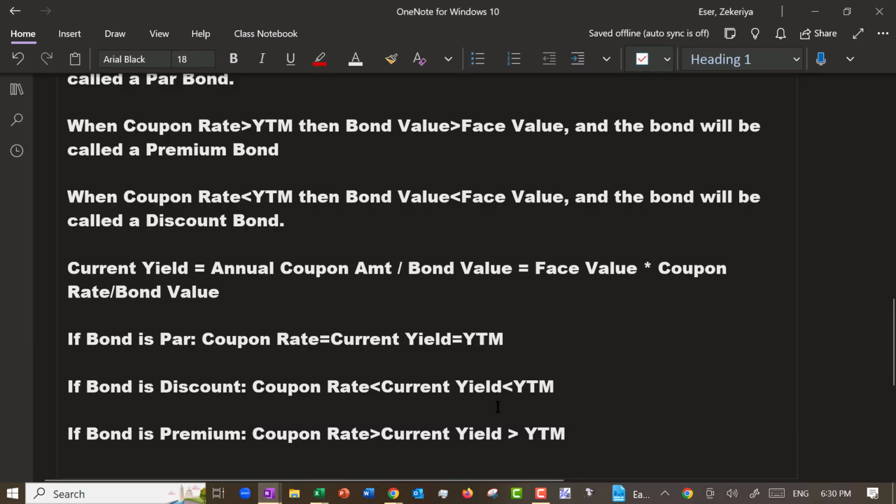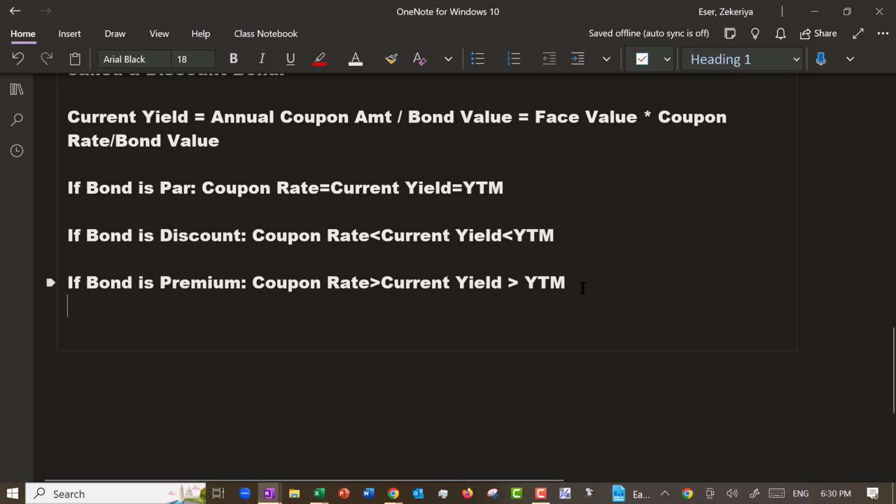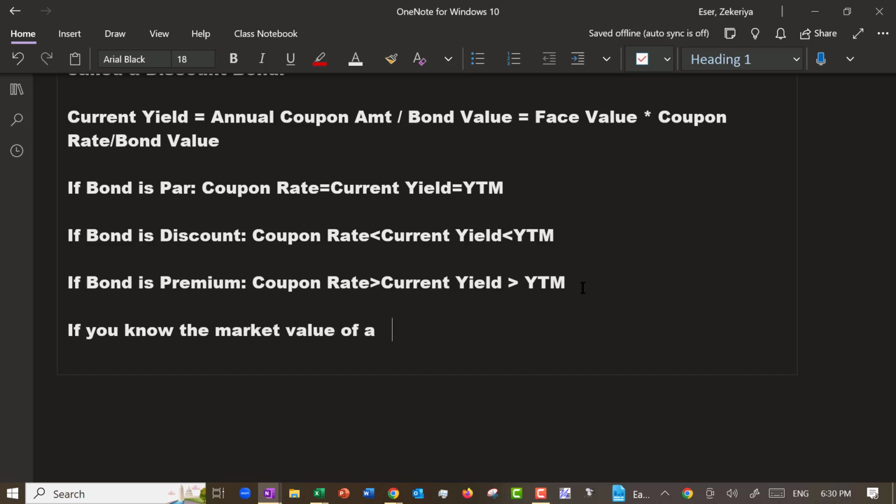If you know the market value of a bond, you can figure out the YTM.